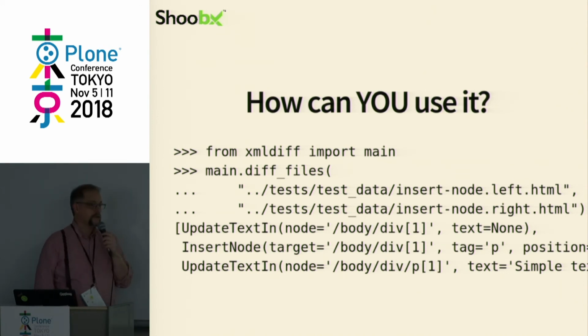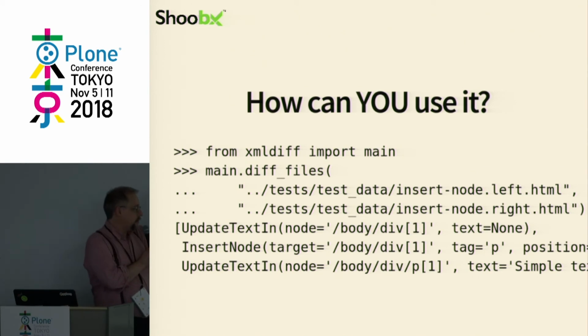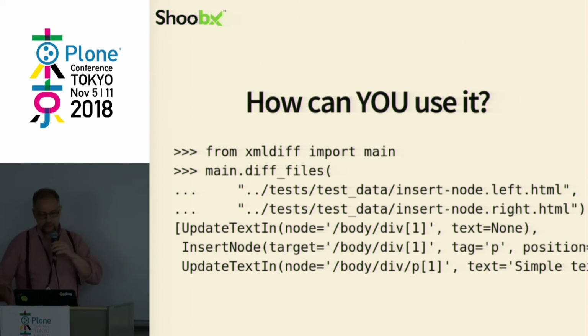There's also a function to diff XML text, Unicode or binary text. And there's a function to diff LXML trees if you already have LXML trees. And the result you get in that case is an edit script by way of Python objects. So you have different Python objects with the parameters that make the edit script.